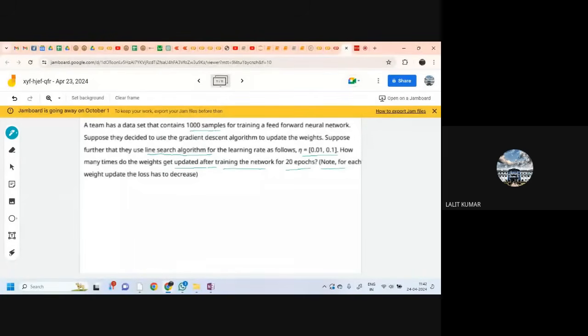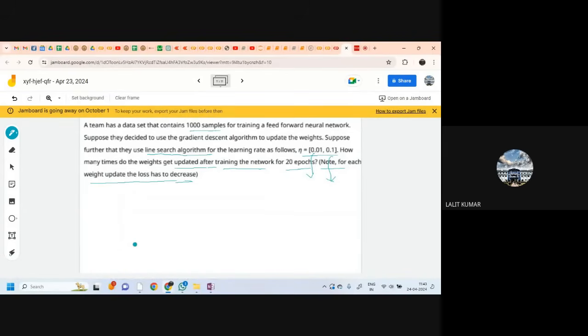So 20 epochs में, for the weight update the loss has to decrease. So लाइन सर्च में तो हमने देखा था ना कि दोनों के लिए अपडेट लेता है, 0.01 के लिए भी लेगा और 0.1 के लिए भी लेता है.